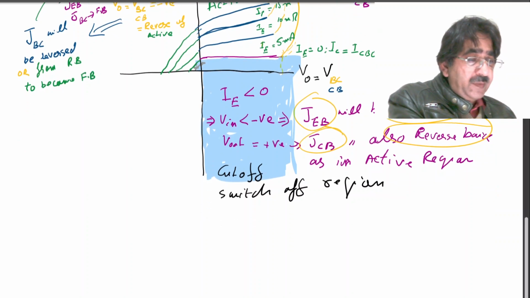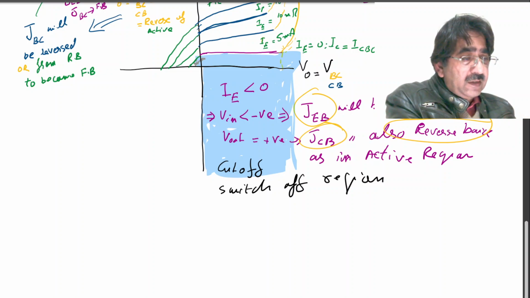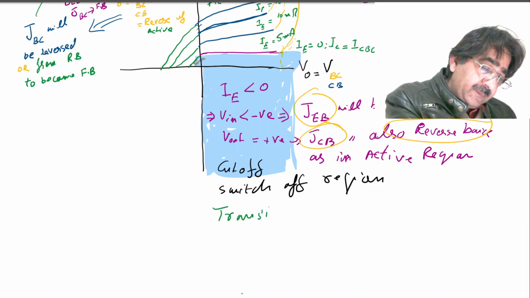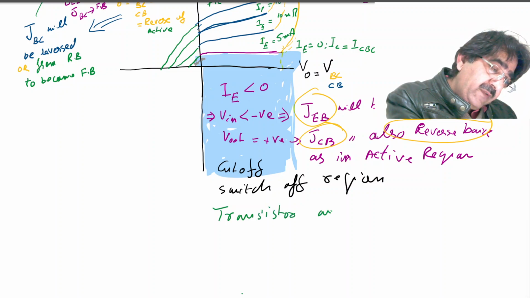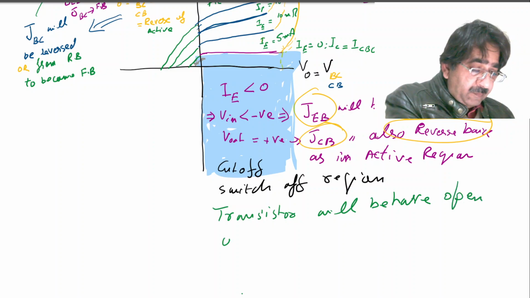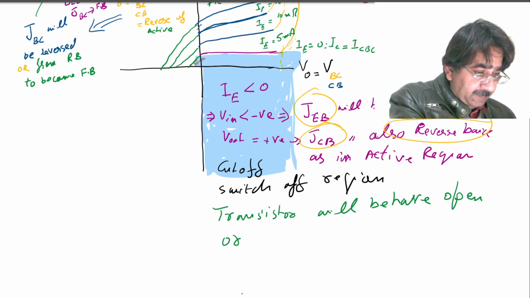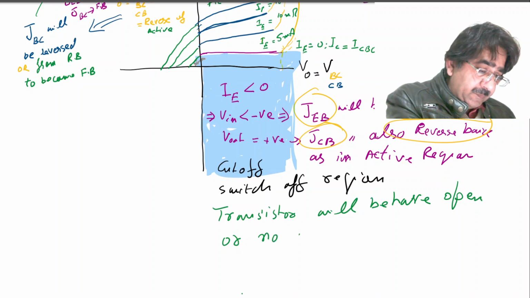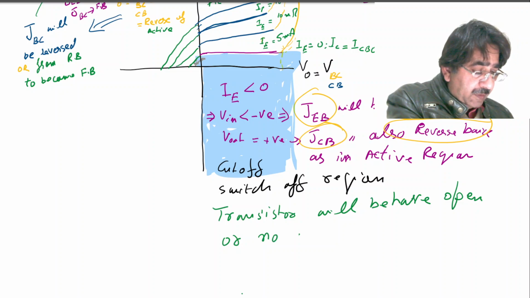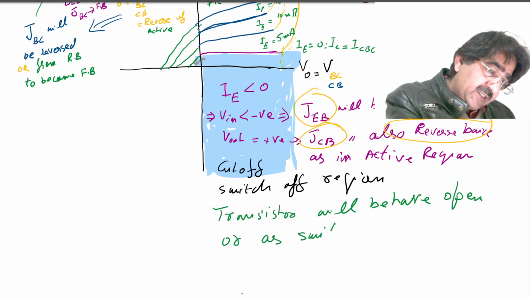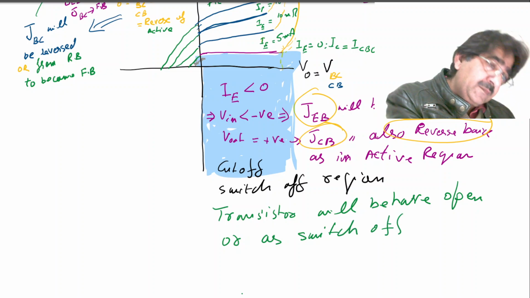So we may say that the transistor will behave as open, or switched off.